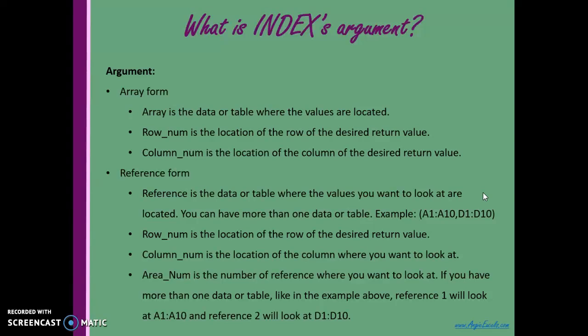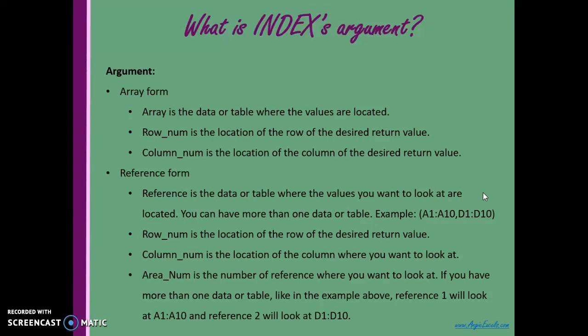So this is more like your lookup value. When you go to your phone book, you don't look for the phone number right away, because that's your desired return value. You actually look at the name of the person to get your desired phone number. So column num is the location of the column where you want to look.